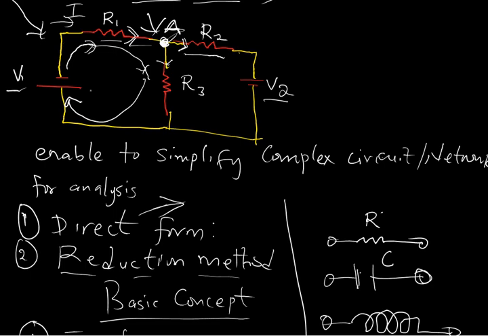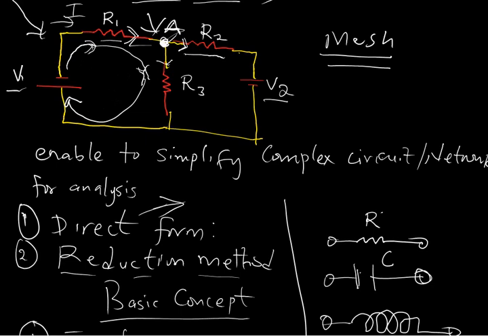But a loop is said to be a mesh if and only if that loop does not contain other loops, like what I just did. This pathway through which I've indicated the flow of current is a mesh. It's a type of loop called a mesh.